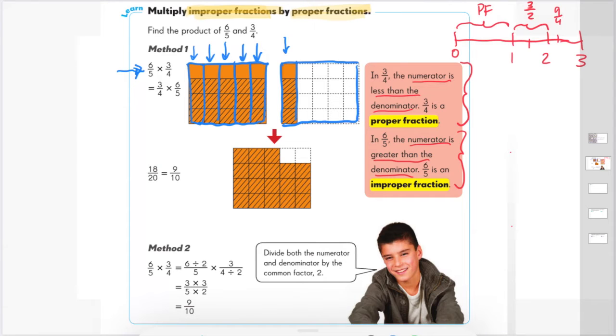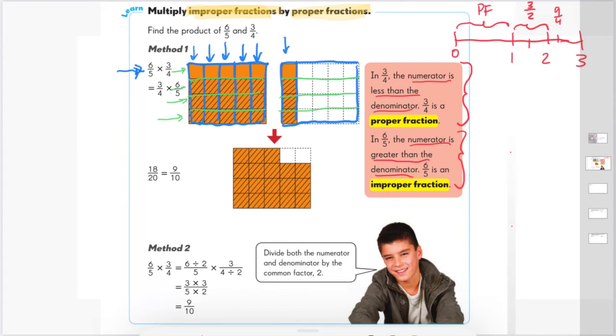So I'm going to divide those fifths into fourths. Here's 1/4, 2/4, 3/4, 4/4, and I have to do the same thing on the other whole. And now I'm going to look at where those parts intersect. I shaded in orange the 6/5.